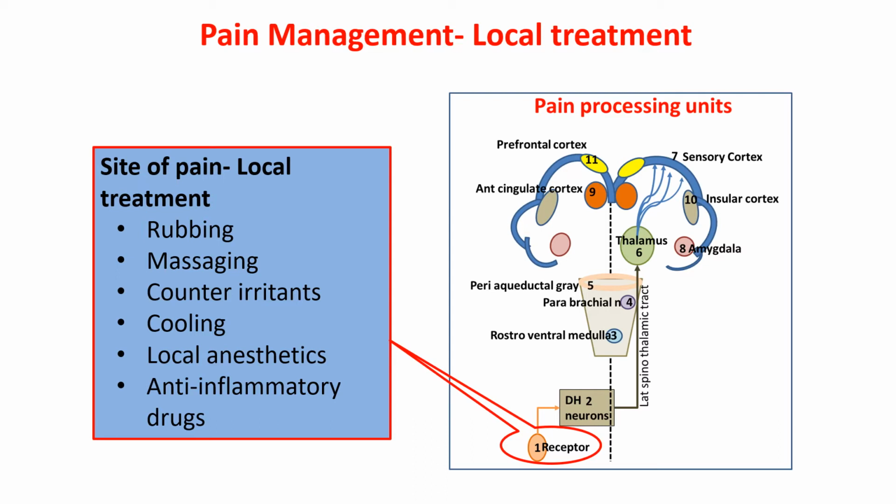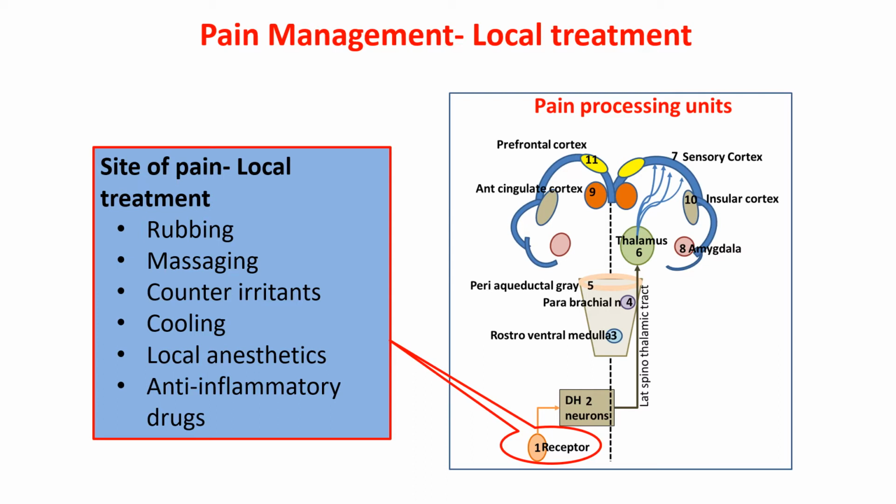Similarly, a massage, in the sense of just touching the part and trying to feel it, a small gentle massage would also take away these local chemicals because of the pressure effect, from that site into the circulation.